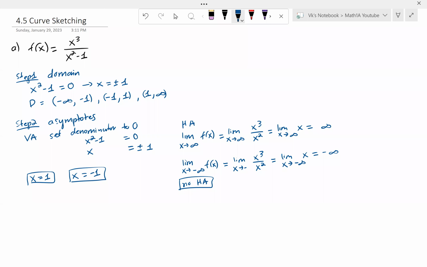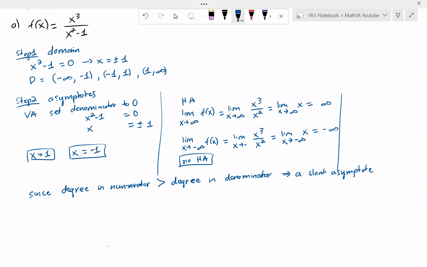One more thing is, because the degree of the numerator is bigger than the degree of the denominator, we have to do the division, because that will give us the slant asymptote. Doing the long division, x squared minus 1 divides into x to the power 3. x times x squared is x to the 3, x times minus 1 is minus x.